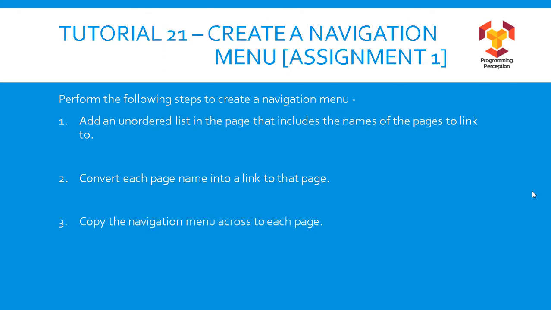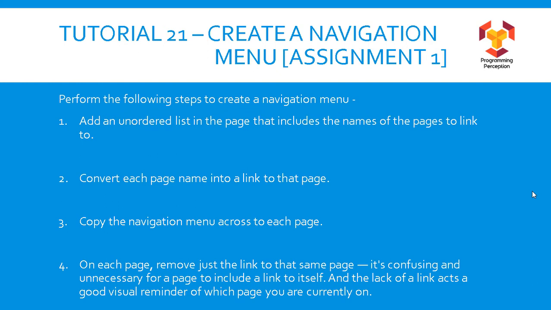Then we will copy the navigation menu across to each page. And finally, on each page, we will remove the link that is pointing to itself, right? It's very confusing and unnecessary for a page to provide a link that links to itself, right? And of course, that will also help us understand which page we are on right now.